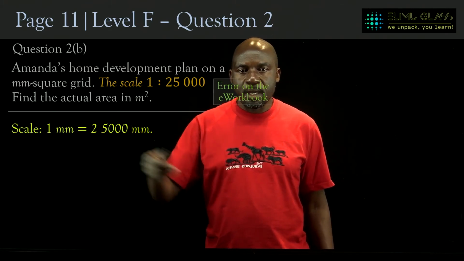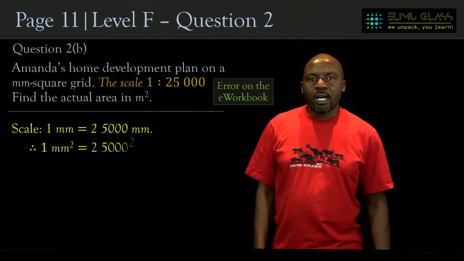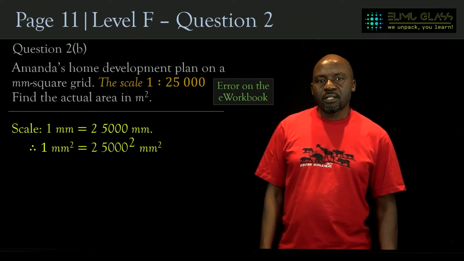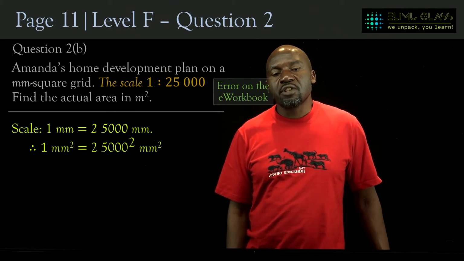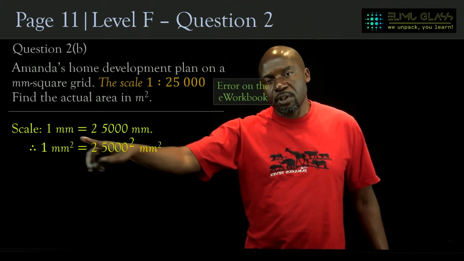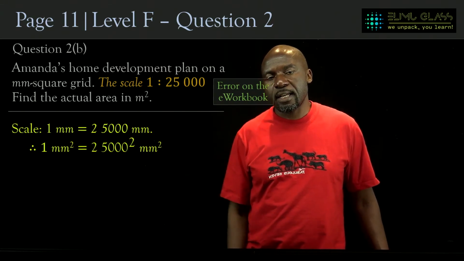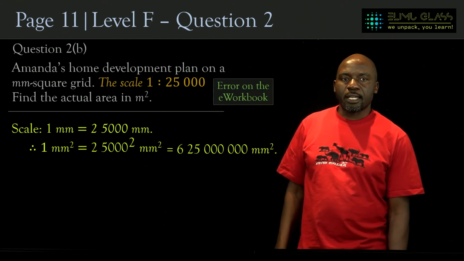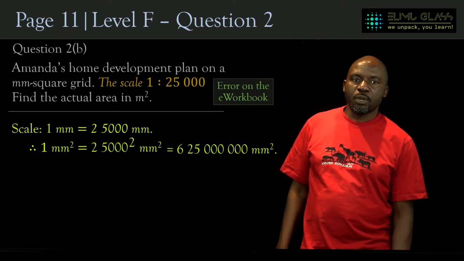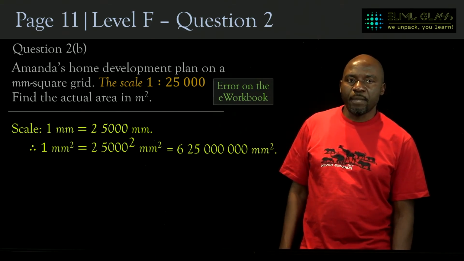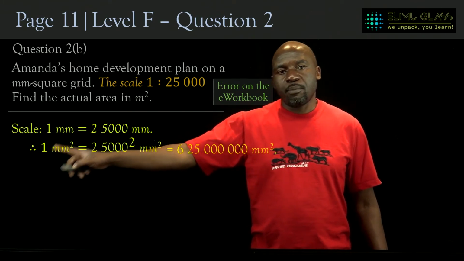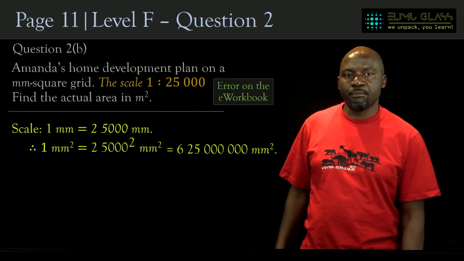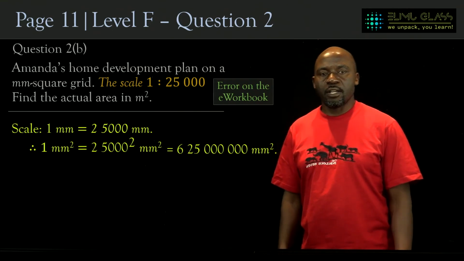So in reality, 1 square millimeter must represent 25,000 millimeters squared. So we have to square this side, and that gives me 625 million square millimeters. So every square millimeter on paper represents 625 million square millimeters on land.